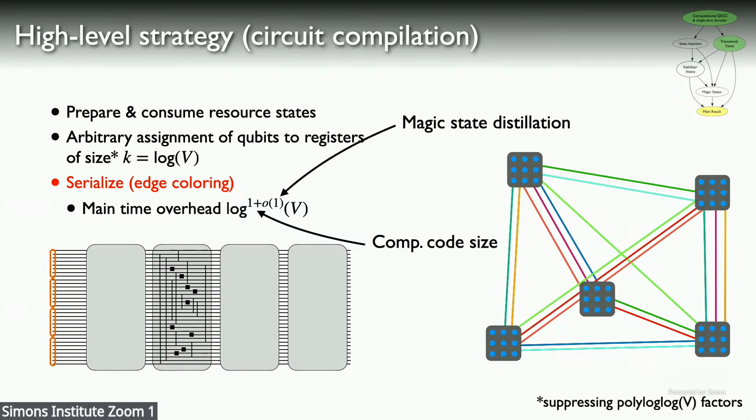For reasons that will be apparent later, we have to do a little more serialization because our magic state distillation isn't quite what you might hope for. It's a little bit suboptimal, but overall this serialization is the main time overhead, and the rest will all be log-log, kind of sub-logarithmic. Okay, so now I just have to tell you how I'm going to prepare these resource states, which is where most of the work actually is.